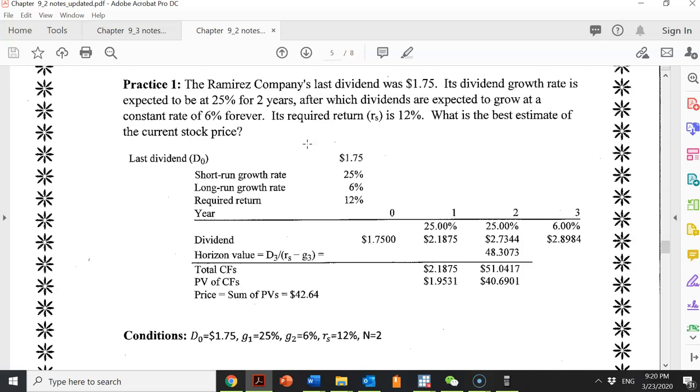You can pause the video now to work on all these 3 questions, and you can resume the video once you finish working on them, and listen to my discussion of the solutions for these 3 problems.